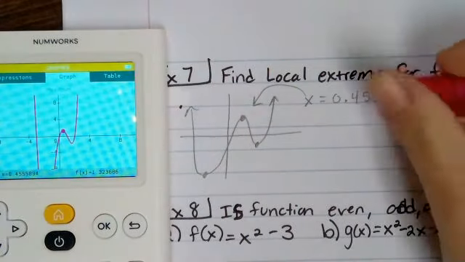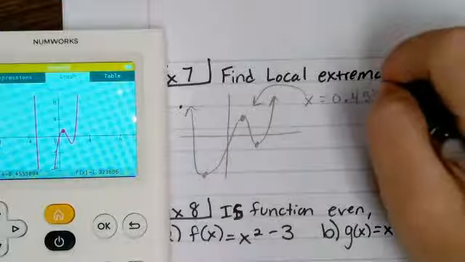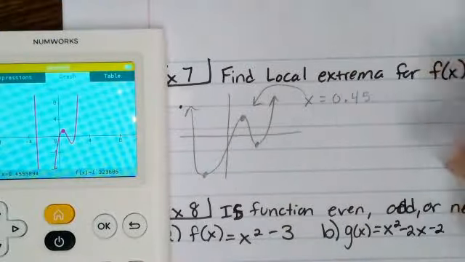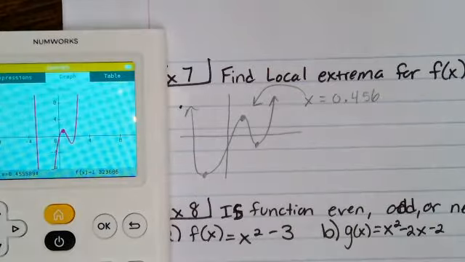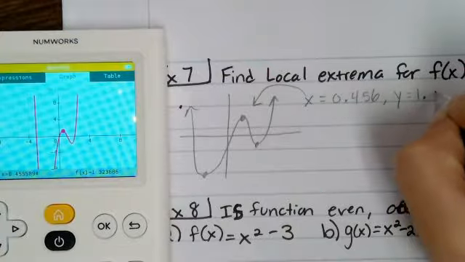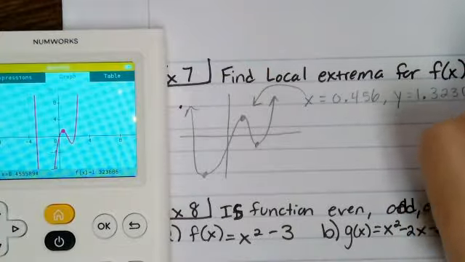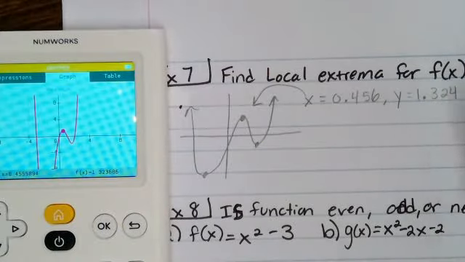Actually, we only want three decimal places, something we want to get in the habit of. So really it should be 0.456. And there, my y is at 1.324-ish if we round it. So this is a maximum.